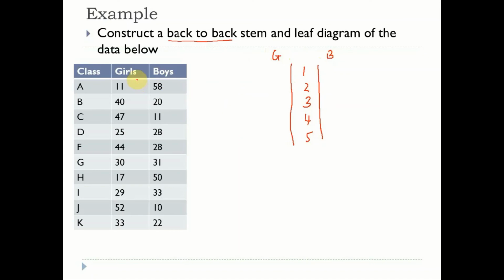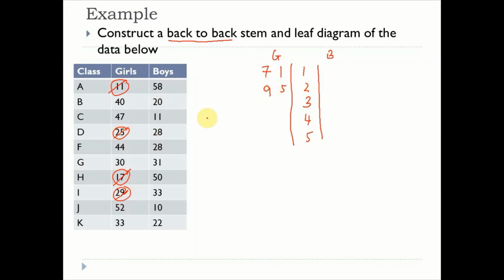Okay, so now we look at girls. Kita tengok yang 1 ada sini, 1 sini. So between 1 and 7, smaller is 1, bigger is 7. So ascending dia macam tu start dengan 1, lepas tu 7 keluar. Okay, and then kita tengok for 2 pula, kedua ada 25, ada 29. So we should put 5 first and then baru we put 9.